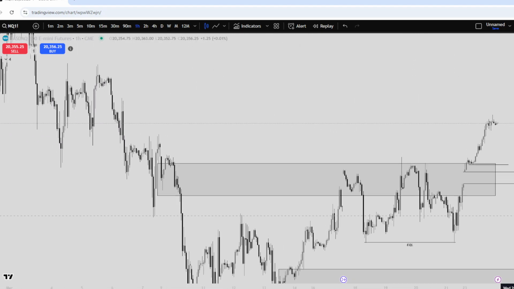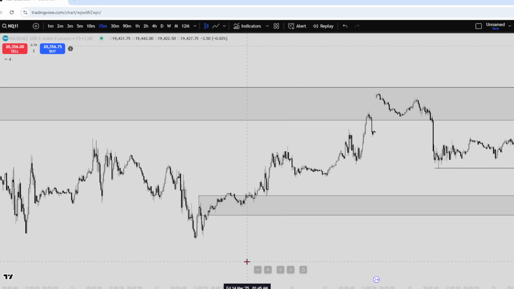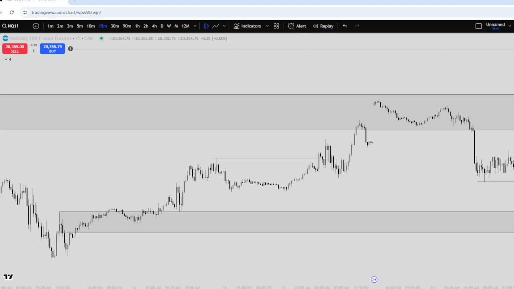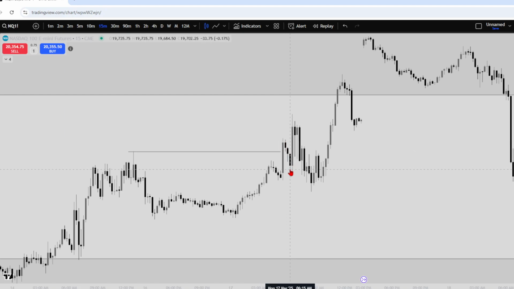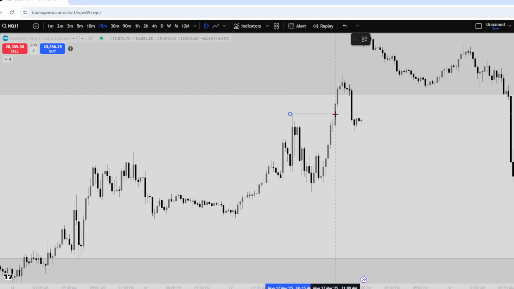So let's dive in a little bit and look at what price does when we take a low or a high, right? We take this low, notice how we trade through it and retrace higher just to come back down. If we take a high, we retrace to make another high. Same thing here.